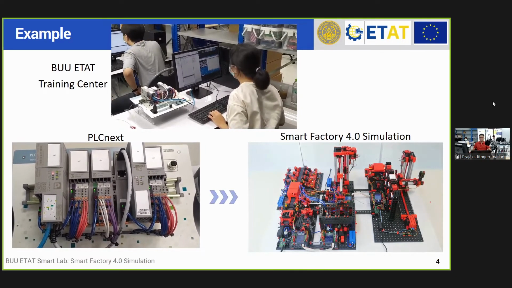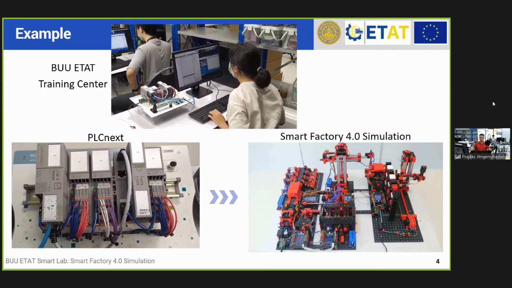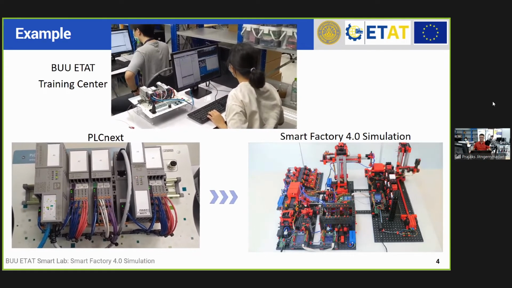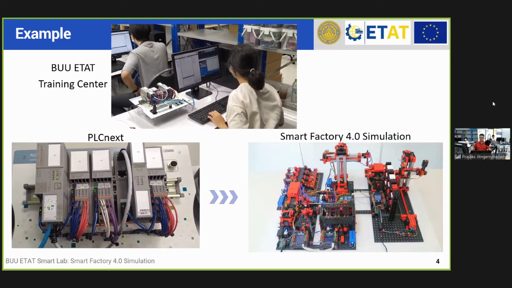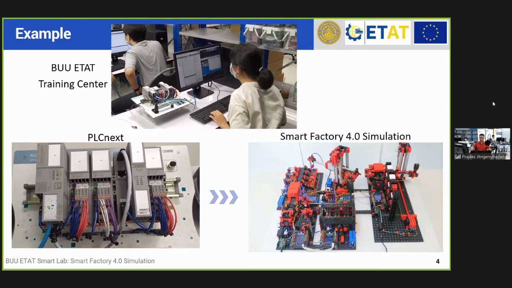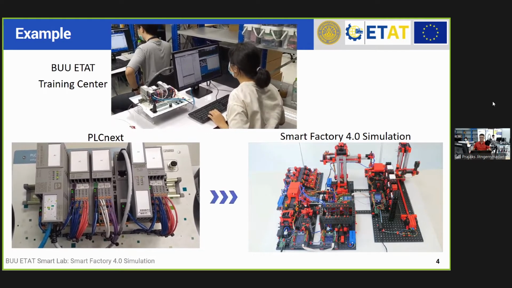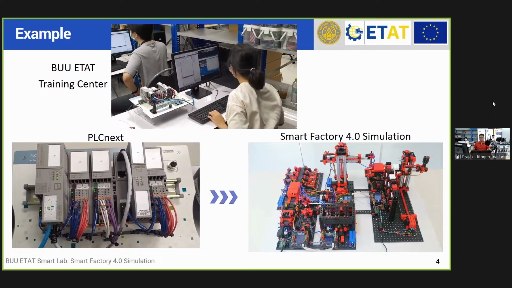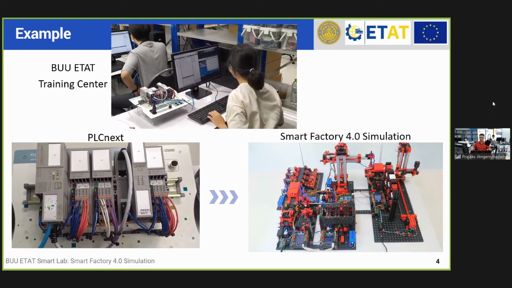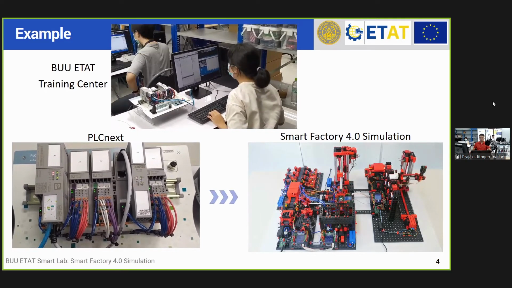It will get a workpiece from the high bay warehouse, and with the vacuum, it will pick up the workpiece and put it on the conveyor, and this workpiece will go through different stations until the end of the production or manufacturing process.